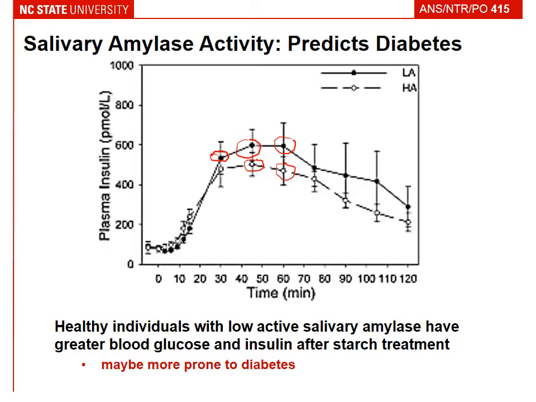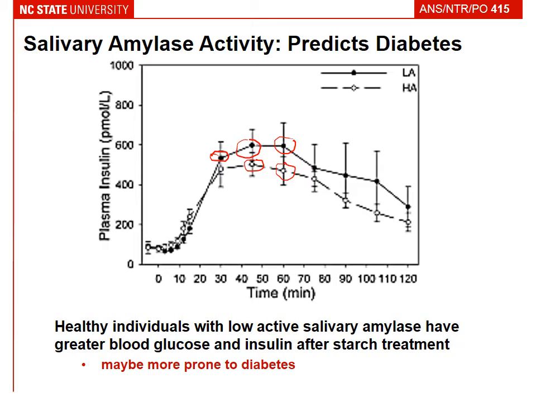And then they gave those individuals a starch bolus. So they were given a pill that had a certain amount of amylose in it, and had them consume that product. And over a period of 2 hours, they looked at not only the plasma glucose, but they also looked at the insulin value, and both of those results were highly correlated.